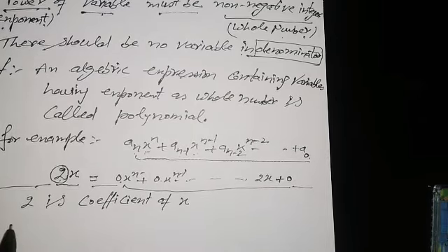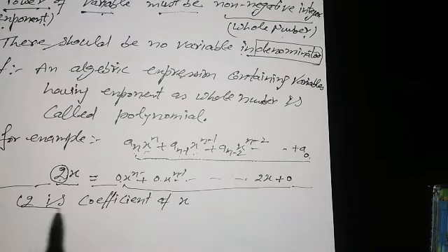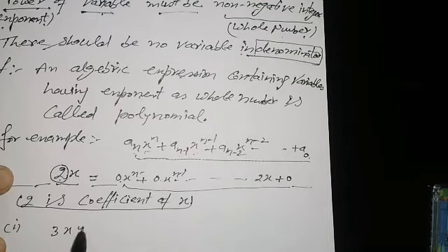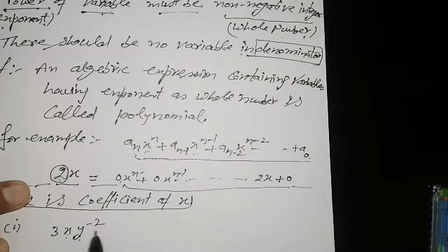Also, can you say 3xy minus 2? This is one variable, this is another variable, means two variables. Is this polynomial?